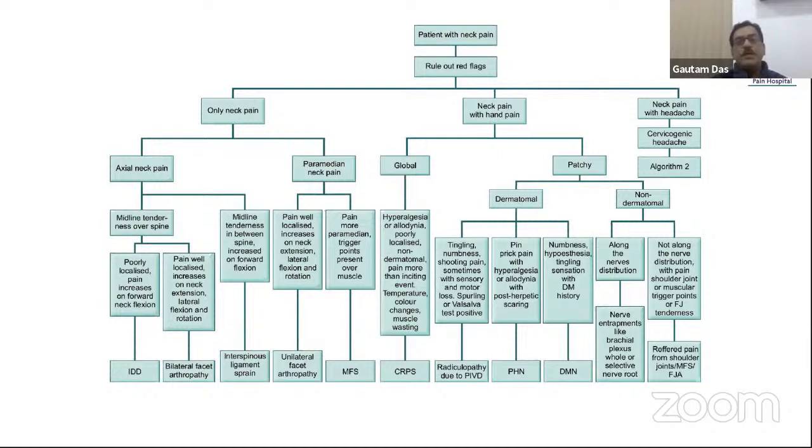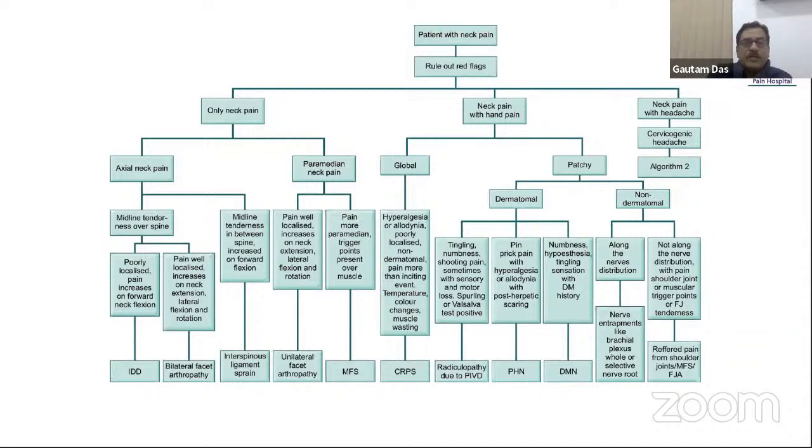So first, if you remember, when we were talking about the back pain algorithm, we classified broadly into two: one is predominant back pain, another is back pain with referred leg pain. Here we have similar things: neck pain with hand pain.